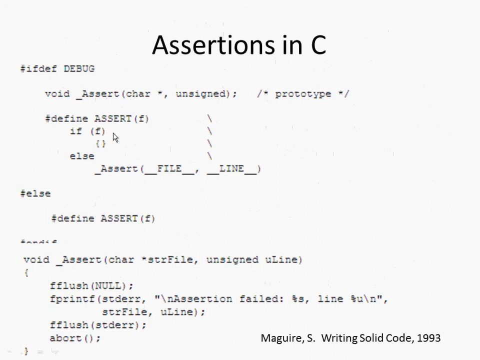Incidentally, this assertion here very commonly will further print out beyond the line number and the file number what the assertion was, like n greater than 0 failed.